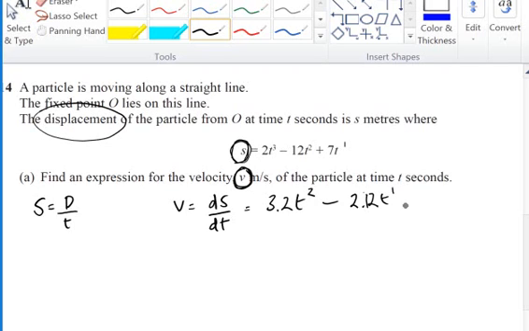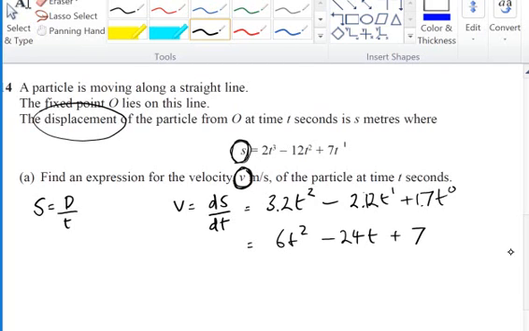And here, of course, it would be plus 7t times by 1, of course, t to the 0. So our velocity is 6t squared minus 24t plus 7. T to the 0 is 1.